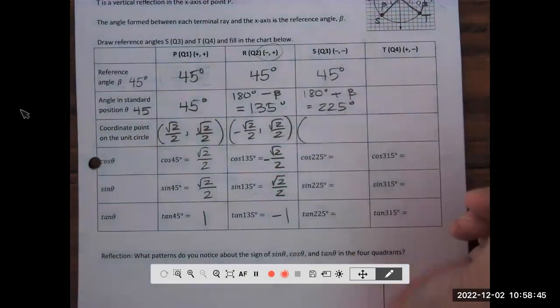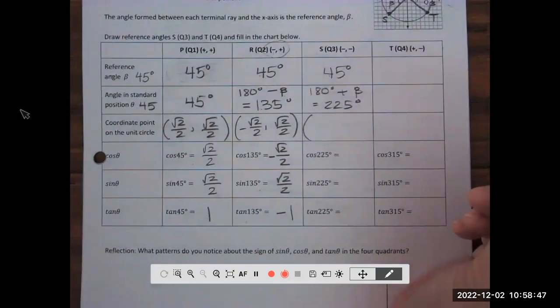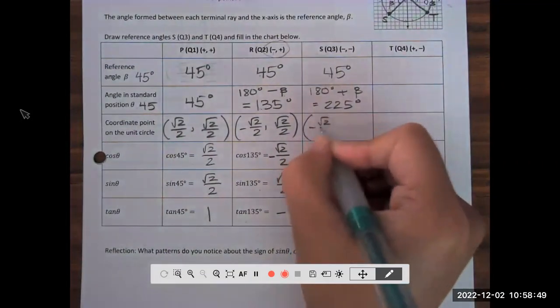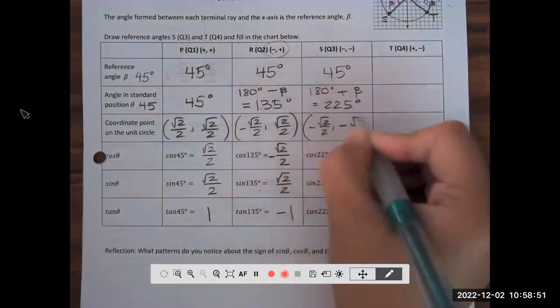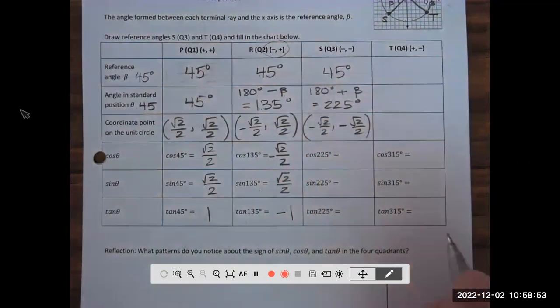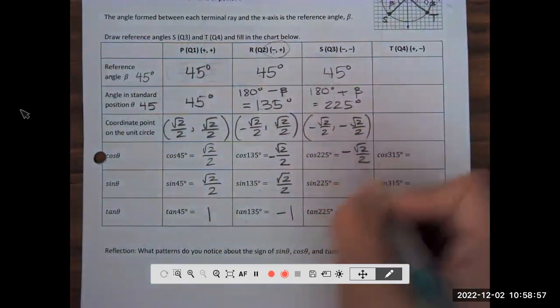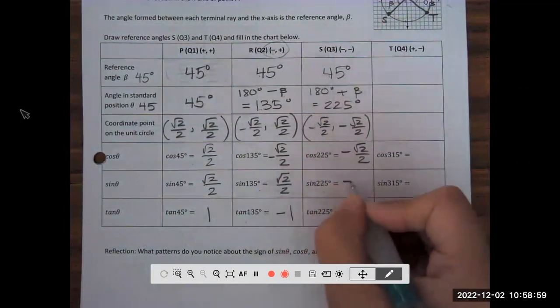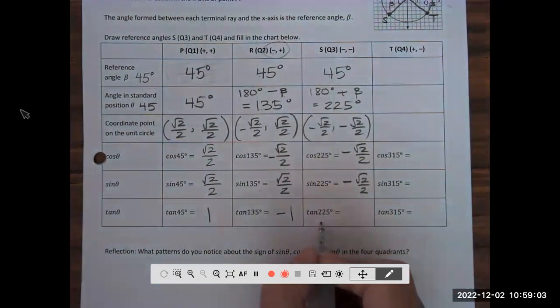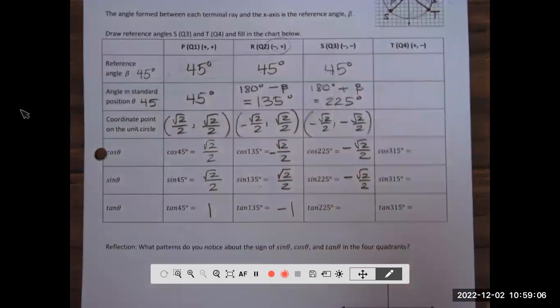What is my coordinate point? What is the sign? Yeah, negative, negative. Good. So cos 225 is negative root 2 over 2. Sine 225 is also negative root 2 over 2. What will tan be? Positive or negative? Good.